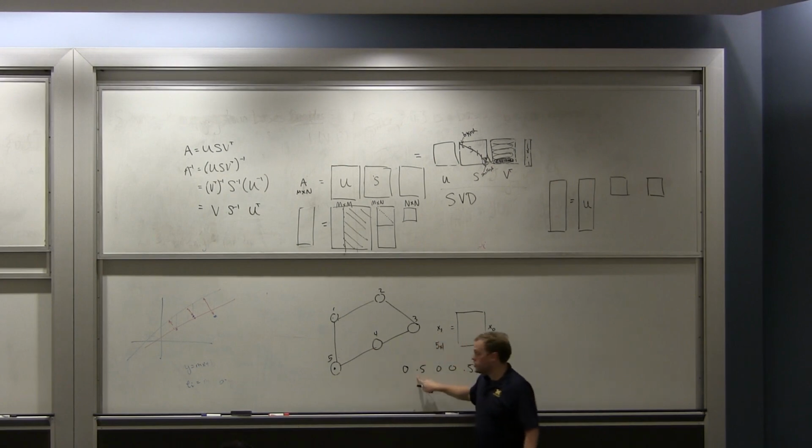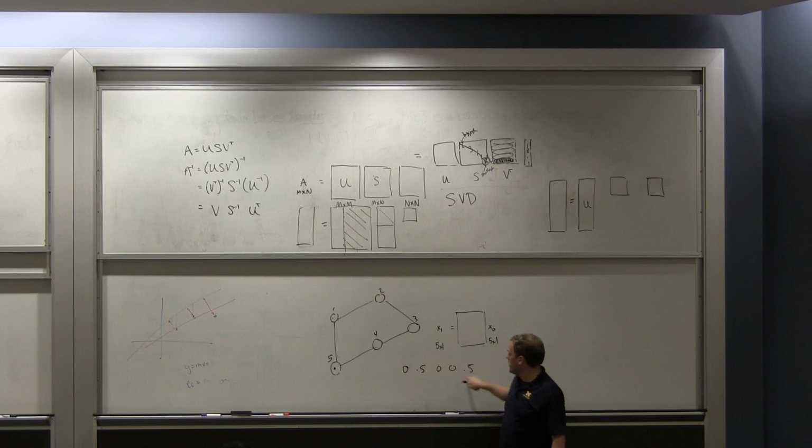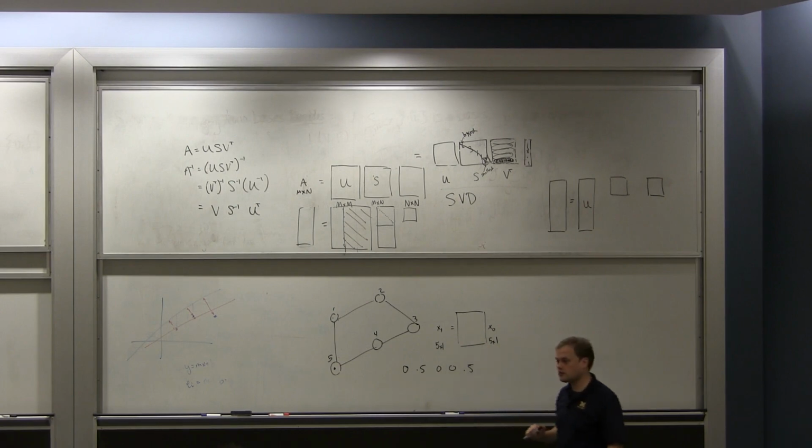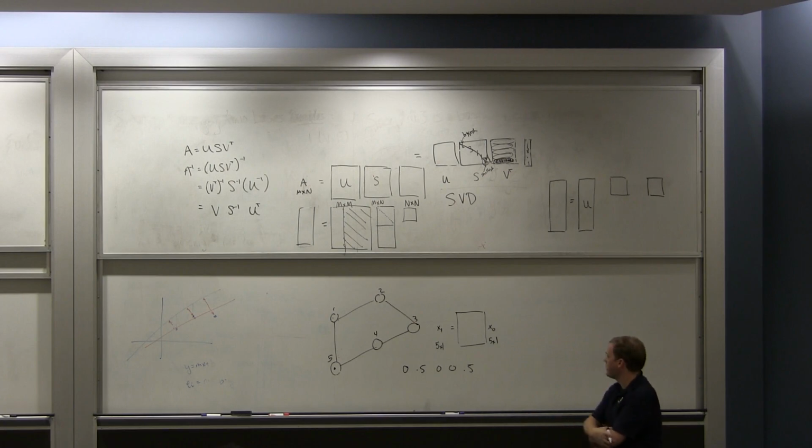Here's the probability that I end up in state 2. Here's the probability that I end up in state 5. Is this a row or a column in this matrix? Anyone else?